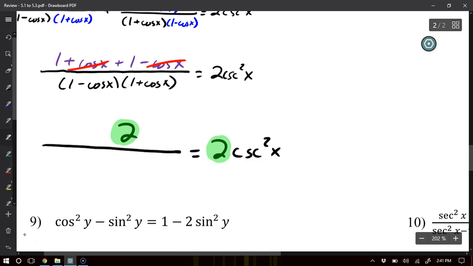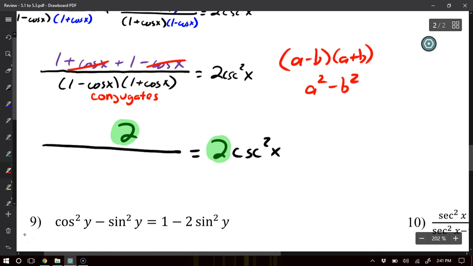And do keep in mind, if you haven't noticed yet, these two are conjugates of each other. They have the same terms, the opposite operation, which in a way is just your difference of squares factor. So I'm going to square my first term, which is a 1, and I'm going to square my second term, which is the cosine of x, and I'm going to subtract them. So I have 1 minus cosine squared of x.